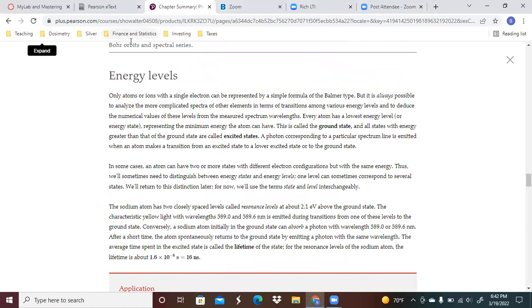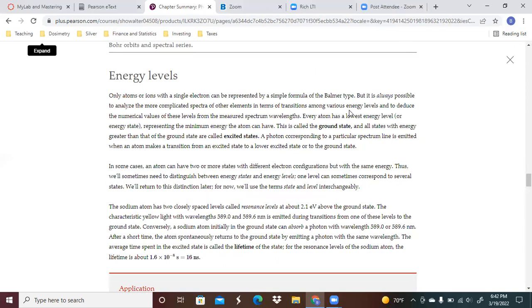So only atoms or ions with a single electron can be represented by a simple formula of Balmer type. It's always possible to analyze the more complicated spectra of the other elements in terms of transitions among various energy levels and to deduce the numerical values of these levels from the measured spectrum wavelengths.